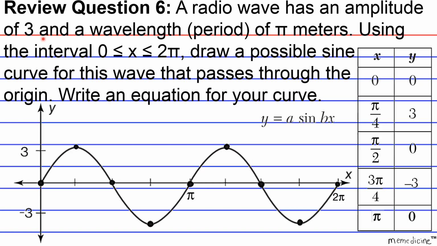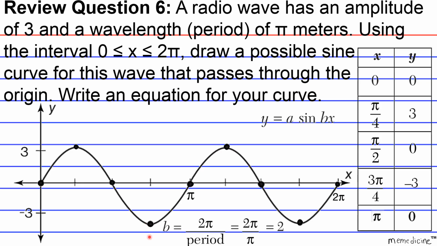And the frequency is found by the equation b equals 2 pi over the period, okay? And so when we divide 2 pi by pi, because we're told that our period is pi, we're going to get 2 as our frequency, okay?